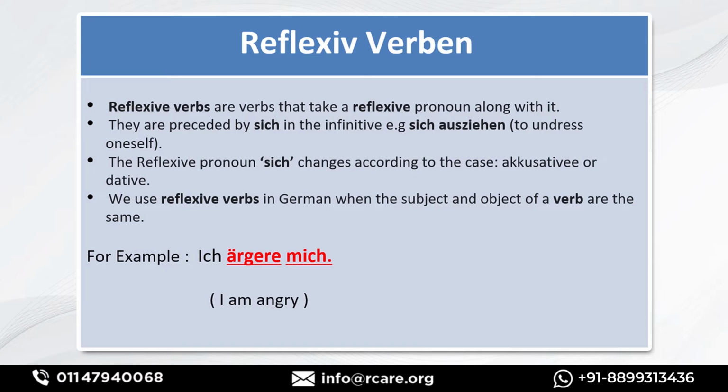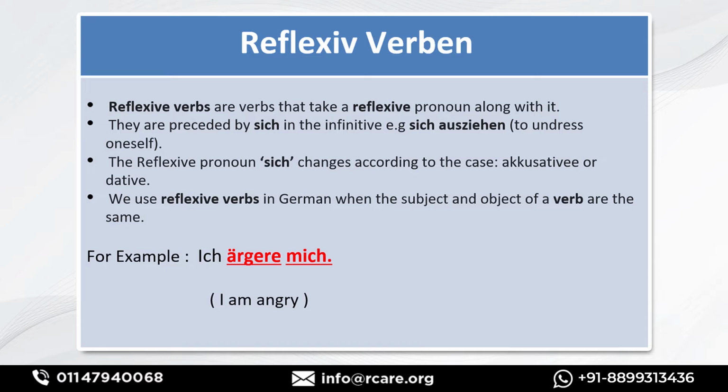So this sich, which is a reflexive pronoun, is always used with the verb. This sich of course will be conjugated according to the personal pronouns. It gets changed into accusative and dative. We'll be learning the tables ahead, but first of all we need to know how to use reflexive verbs. So what is the rule for using a reflexive verb? The main verb is conjugated.